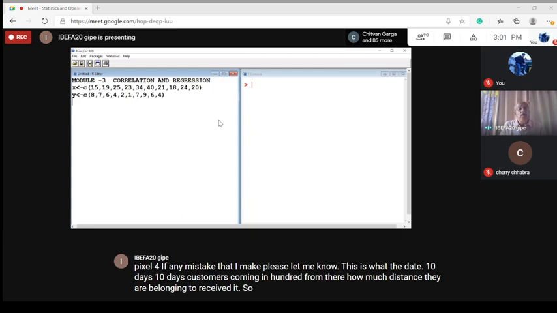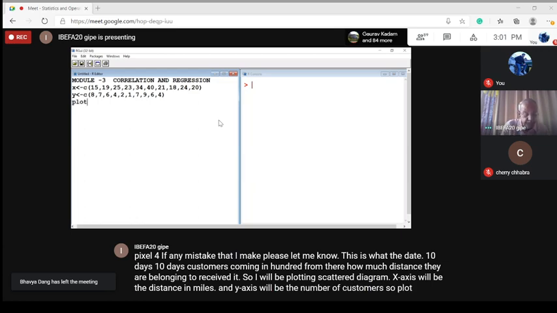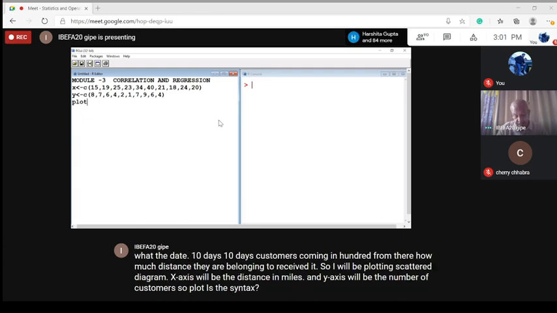So I will be plotting a scatter diagram. The X-axis will be the distance in miles and the Y-axis will be the number of customers. So plot is the syntax. In brackets, Y-axis, tilde sign, X. The tilde sign is the left top key on the keyboard.